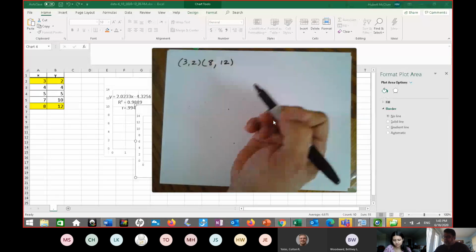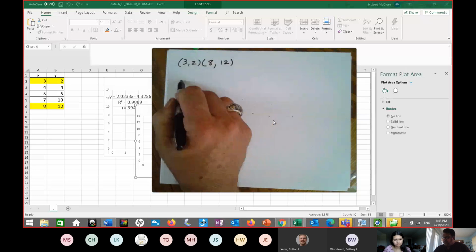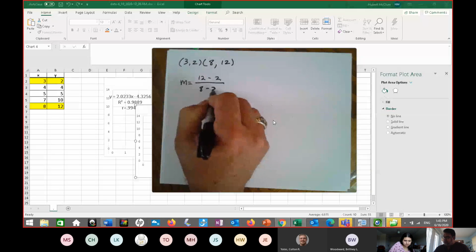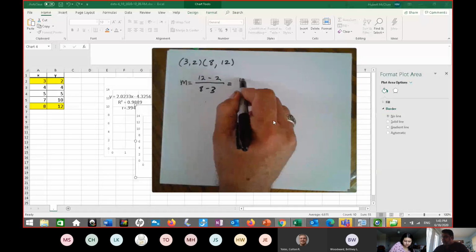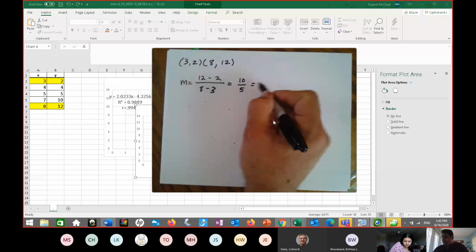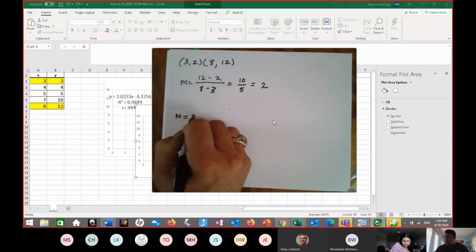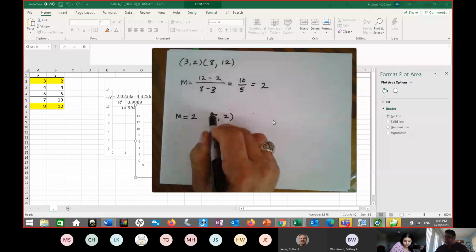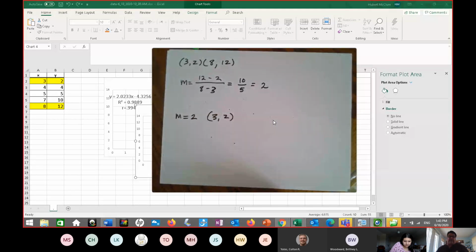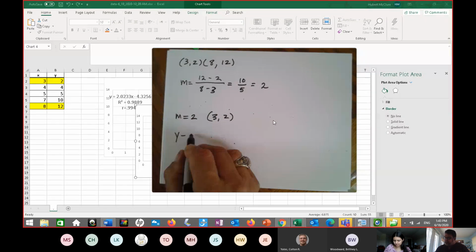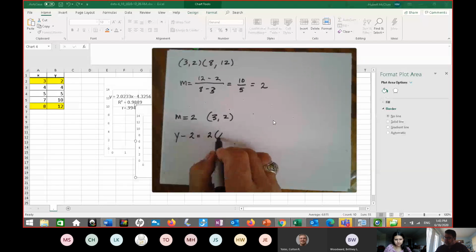And I can find my slope by saying m is equal to 12 minus 2 over 8 minus 3. And 12 minus 2 is 10 over 5, which is 2. And then I take my slope, which is 2, and I pick a point, which is 3, 2. Why did I pick 3, 2 instead of 8, 12? Easier math. And plug into the equation y minus y sub 1 is equal to 2 times x minus x sub 1.